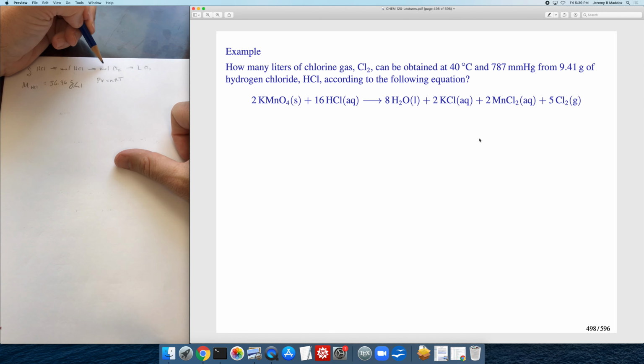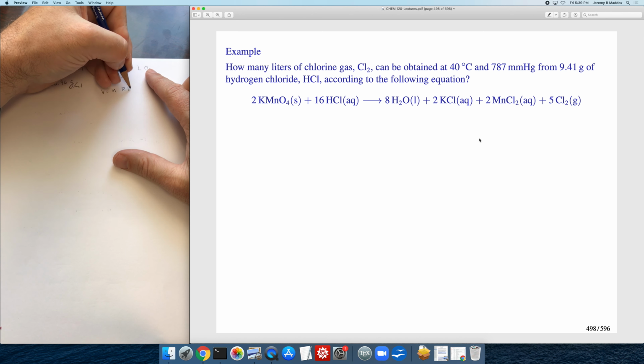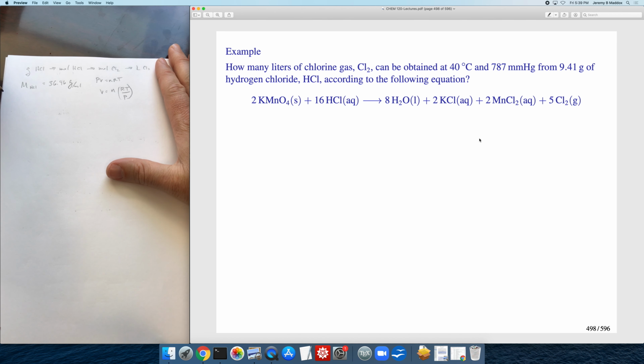We're going to have number of moles. What we want is the volume. Okay, so the volume is going to be equal to the number of moles times RT divided by the pressure. And so we can think of this as our conversion factor that we need to get from moles to the volume in liters.